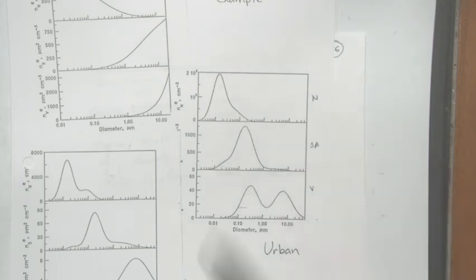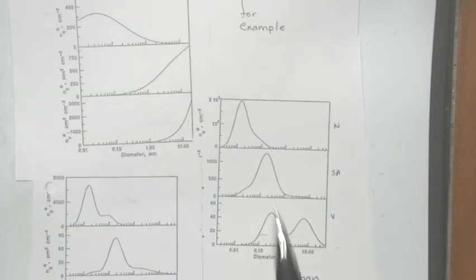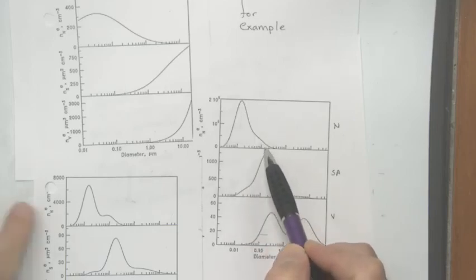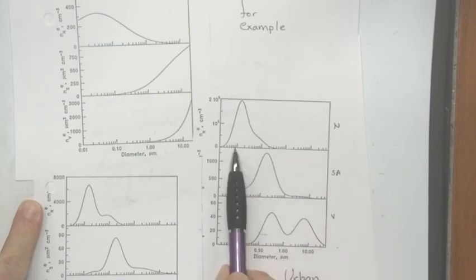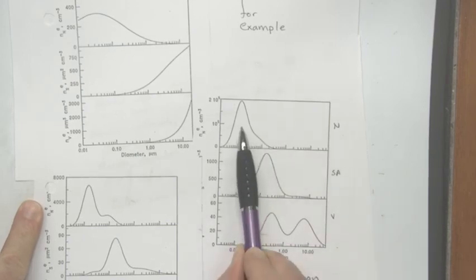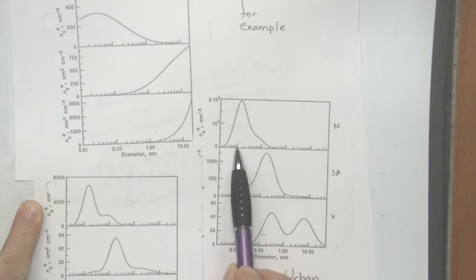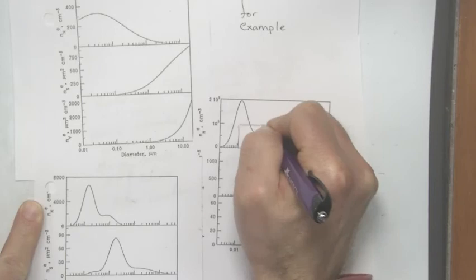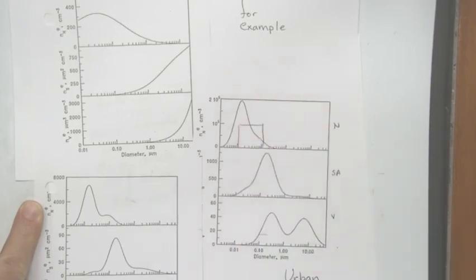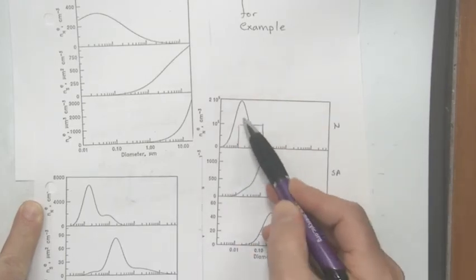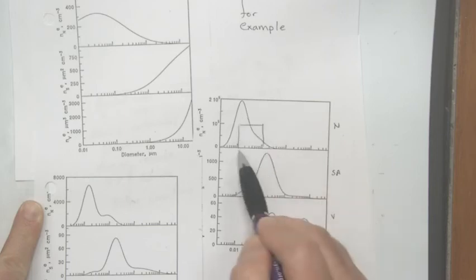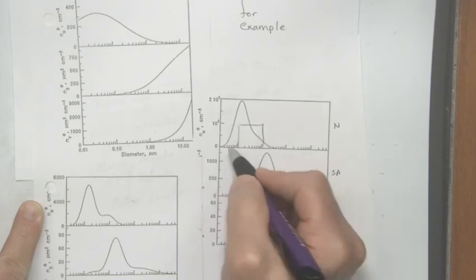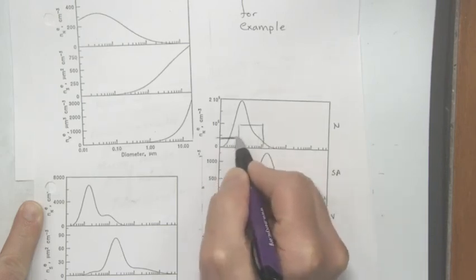So total number of particles can be determined by integrating under this curve. And so this is 1 decade. The average height is about there. So the area of a box like this, just draw it, I'm saying this box has about the same area as the actual curve in that size range. And then we've got a significant number of particles here that might be something like that.